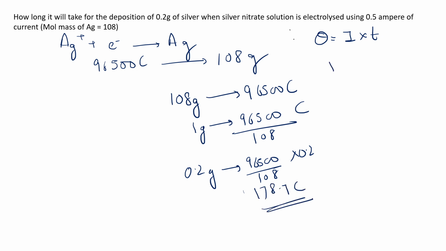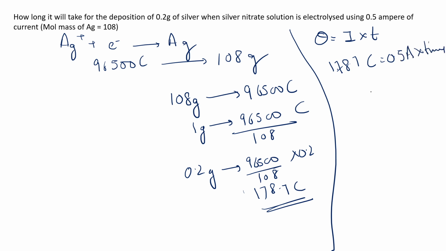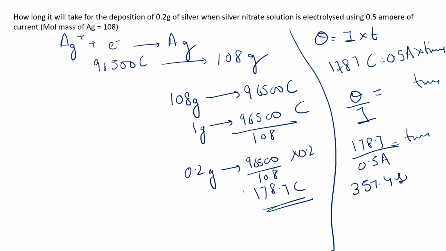So for 178.7 coulomb with 0.5 ampere, how much time will be required? Time is equal to charge by current. Charge is 178.7 divided by 0.5 ampere. You will get time, that is 357.4 seconds.